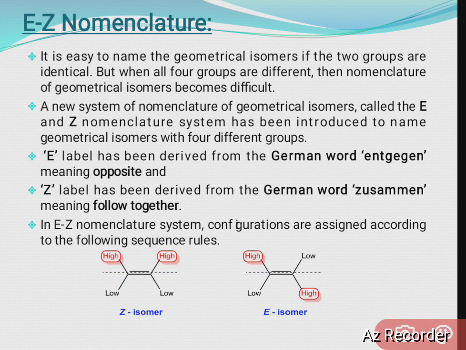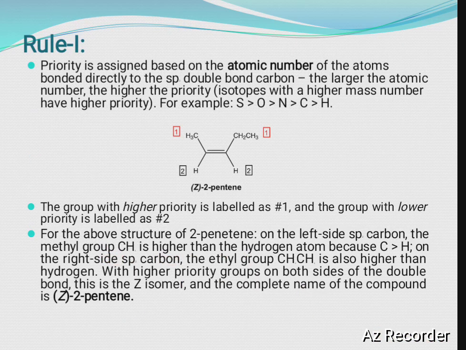Next, rule one. What does rule one say? Priority is assigned based on the atomic number of the atoms bonded directly to the sp2 double bond carbon. The larger the atomic number, the higher the priority.